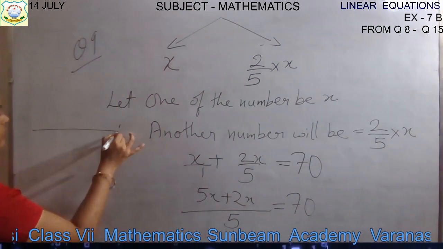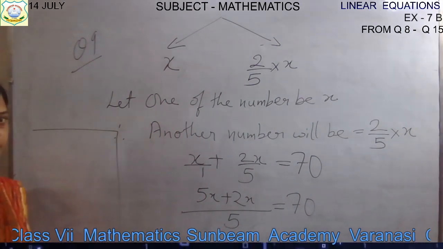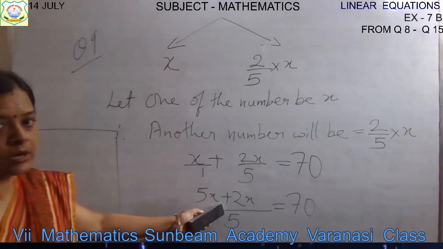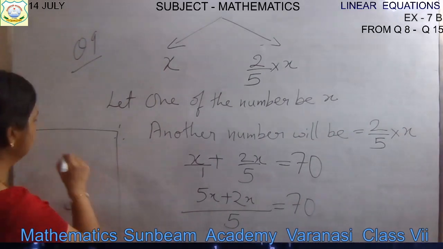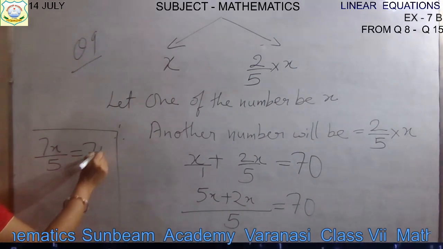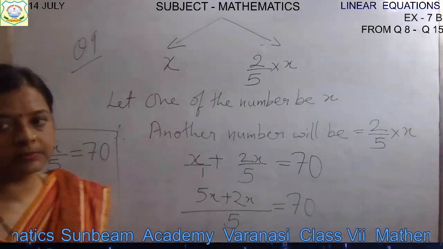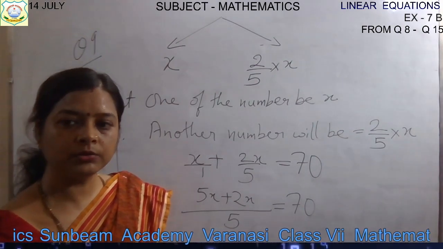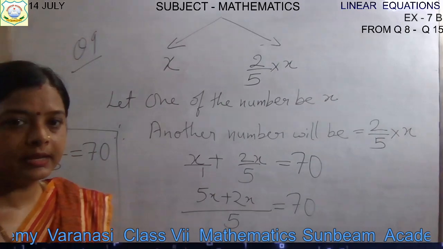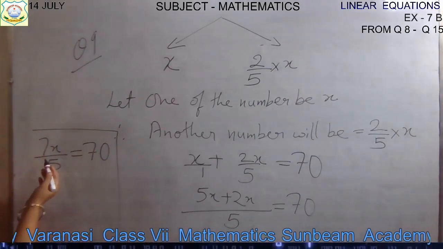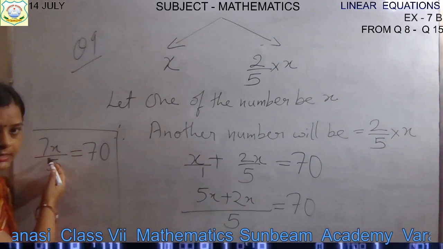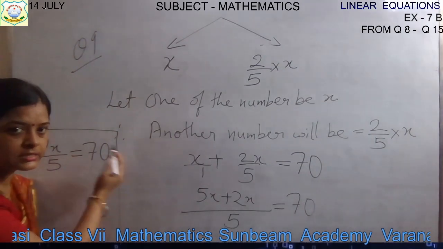Now let's solve your question on this side. 5x plus 2x. 5x plus 2x is how much, children? 7x. 7x by 5 is equal to 70. Now the next step is we will transpose 7 by 5 to RHS.